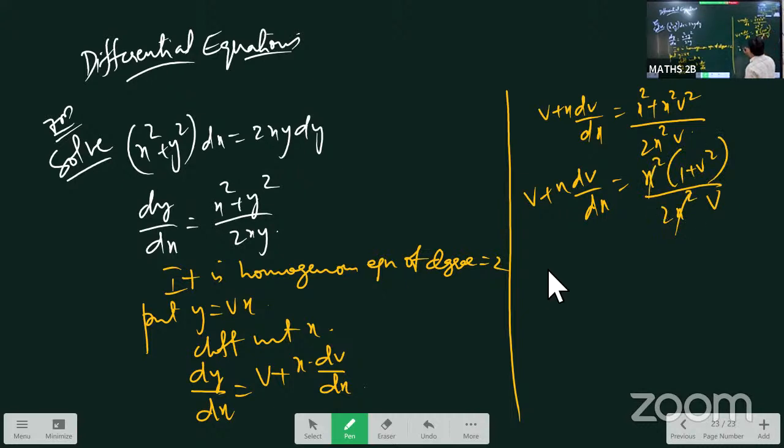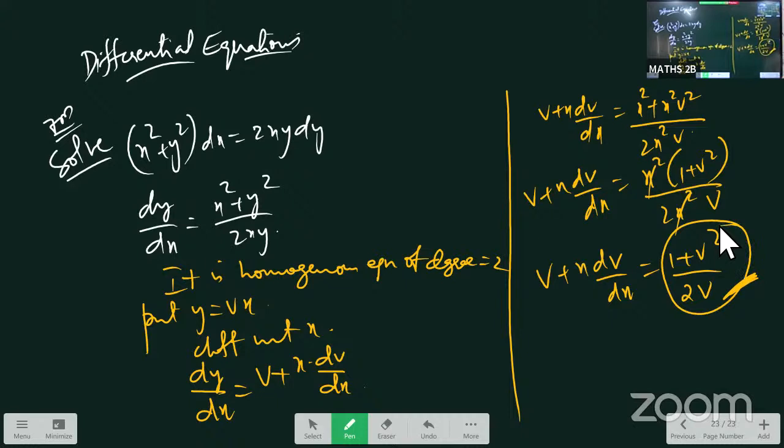Your x square gets cancelled. v plus x dv by dx equal to (1 plus v square) by 2v. See, students, when you reach up to this point, make sure that there is no x left out here. Is it clear? There should be no x left. When you reach simplifying, put y is equal to vx.